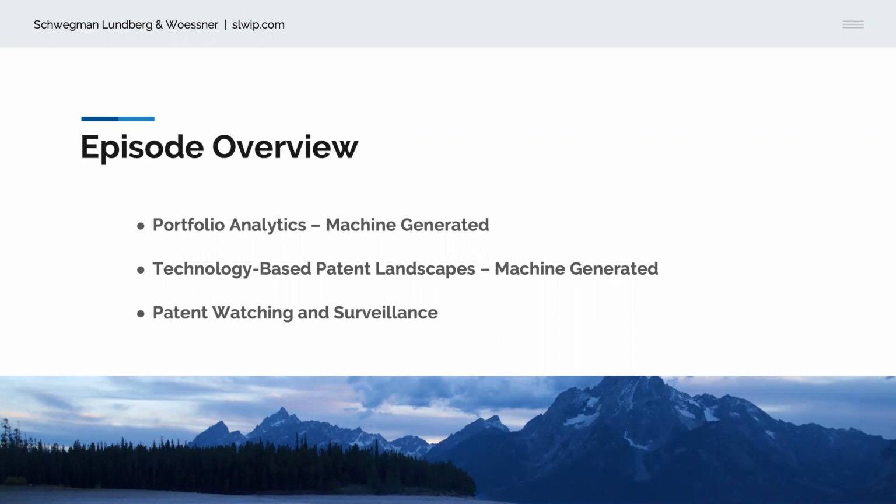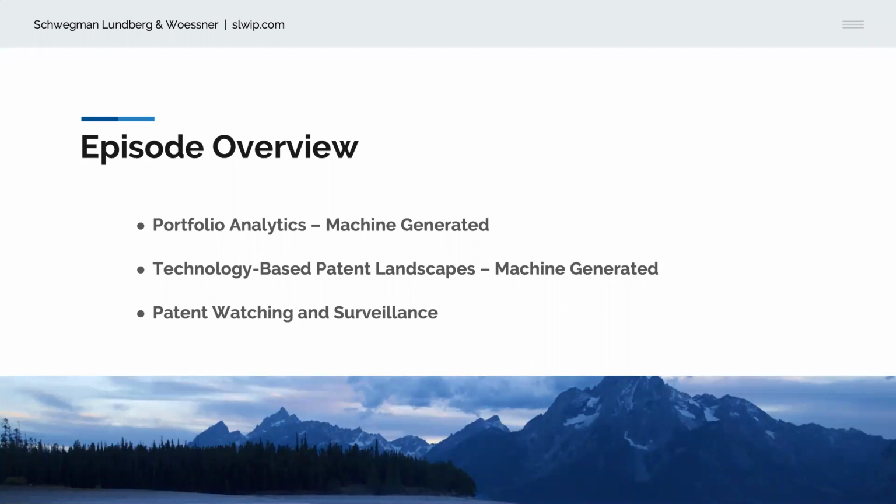These are analytics where you can punch some parameters into one of the analytics machines that are out there and get great results very quickly at low cost. So today our focus is on how to use these tools in a practical way and generate excellent analytics data that you can use for strategic purposes.